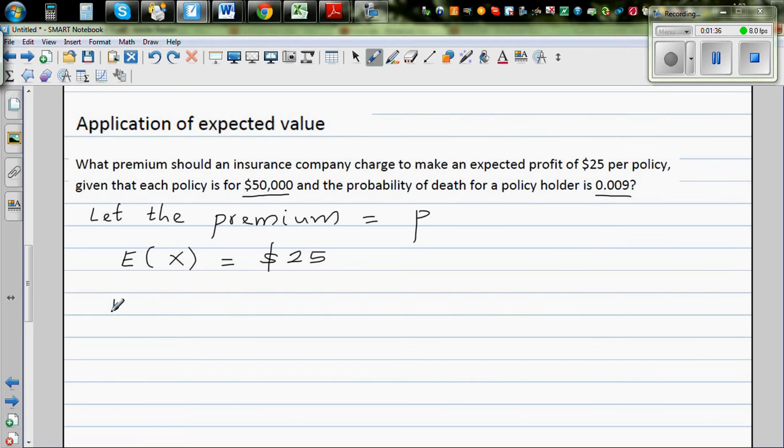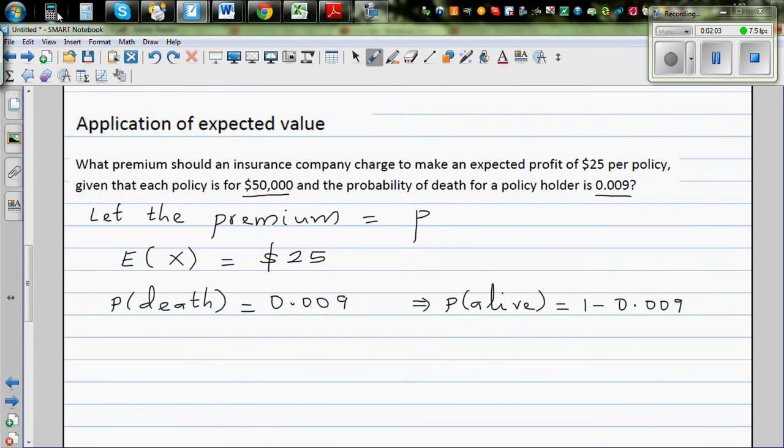So let's write the fact that we have: the probability of death is 0.009. This implies the probability of the policyholder being alive would be 1 minus the probability that a person dies, 0.009.